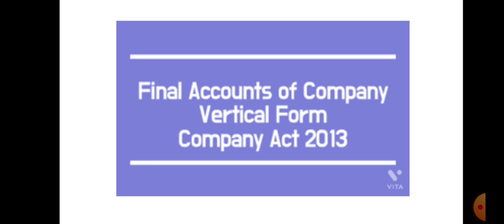So the income statement, also called the profit and loss account, is one of the imperative components of financial statements. The aim of the income statement is to quantify and present the financial performance of the company for a given period.